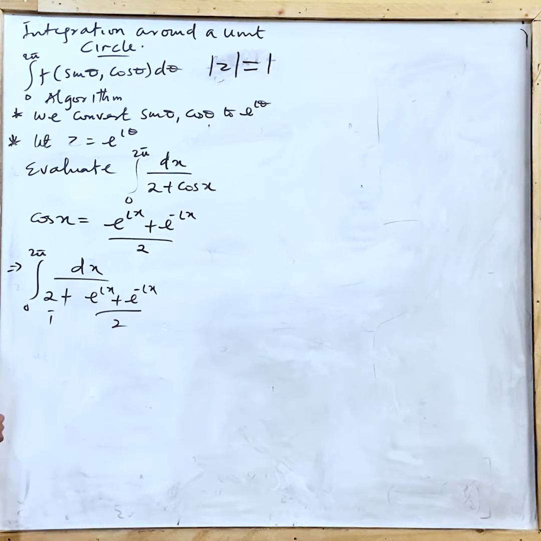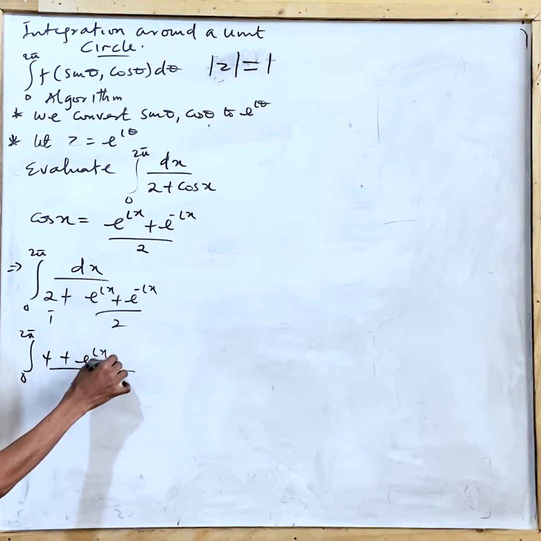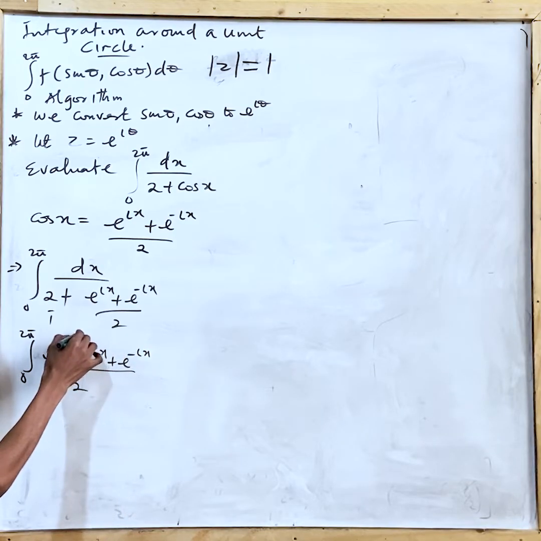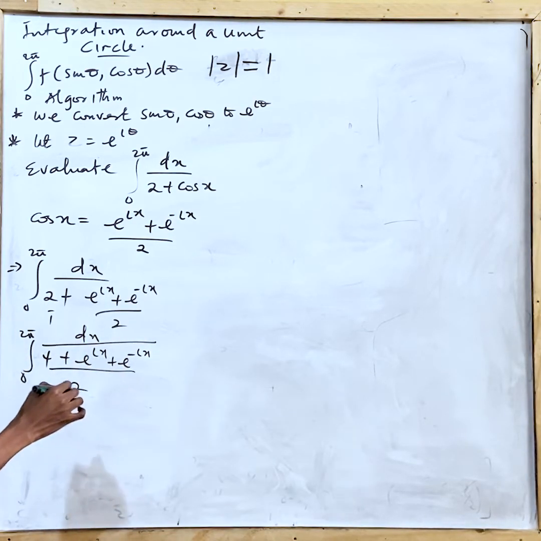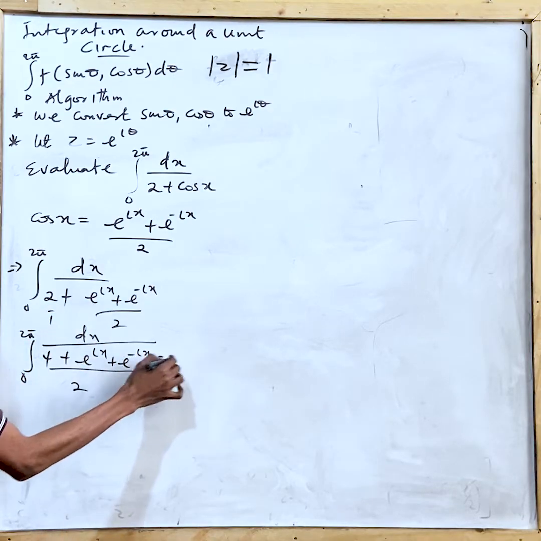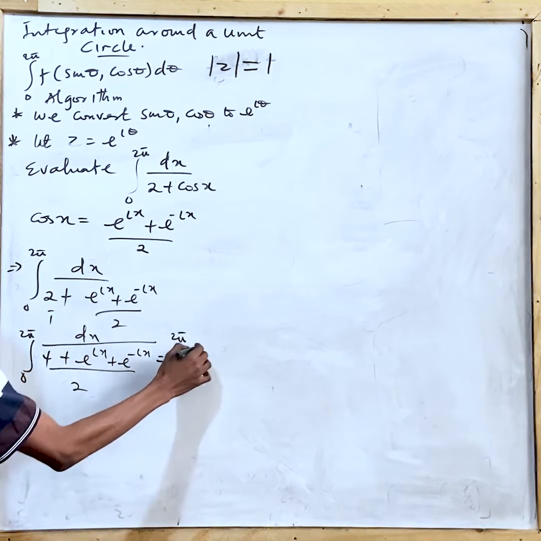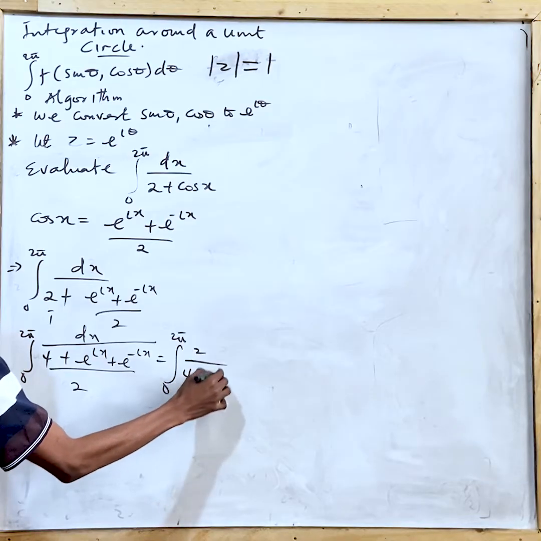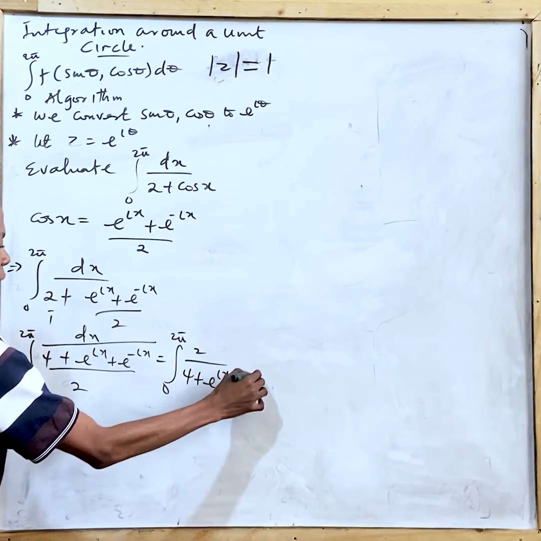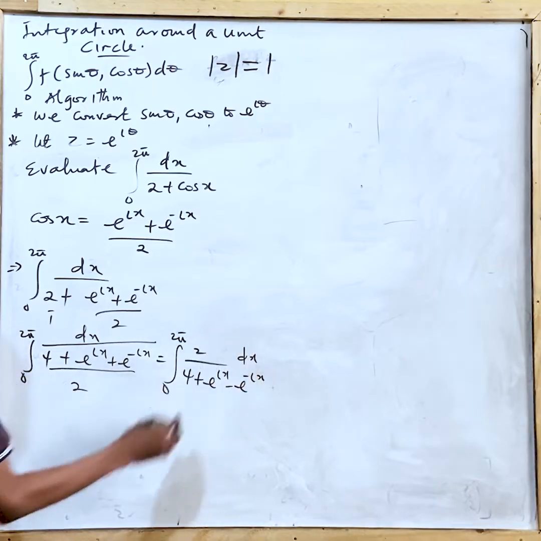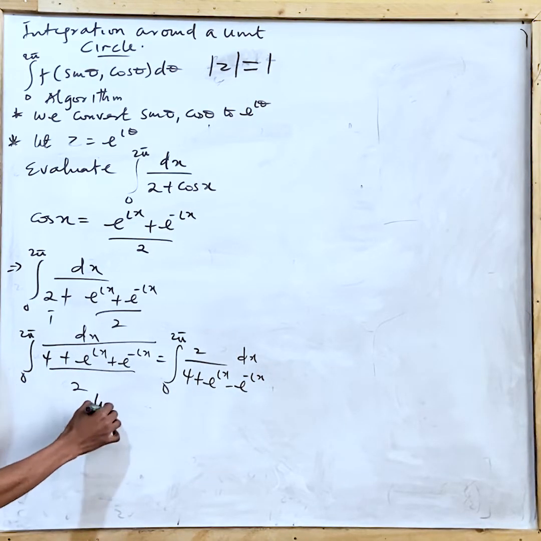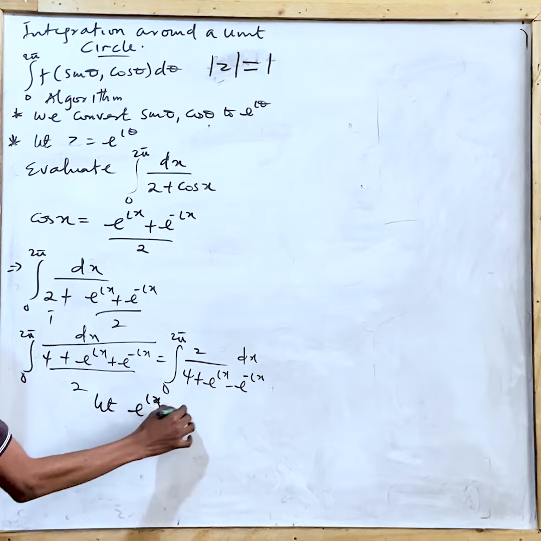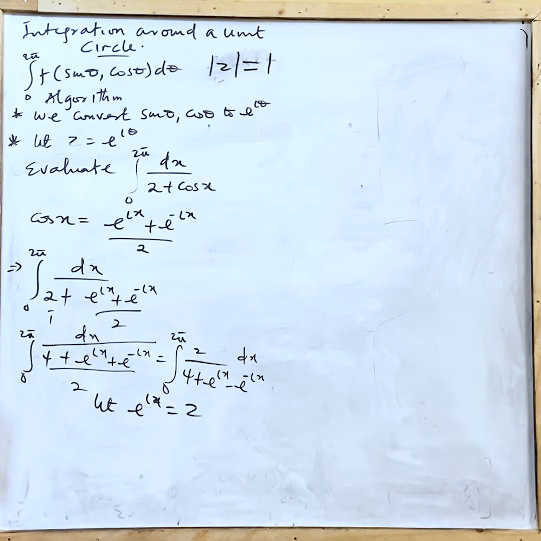If I put over 1 here now, we are having the integral from 0 to 2 pi of 2 over 4 plus exponential ix plus exponential minus ix dx. So after that, we now say let exponential ix equal z. In my previous example, we were dealing with theta. So let exponential i theta equal z.